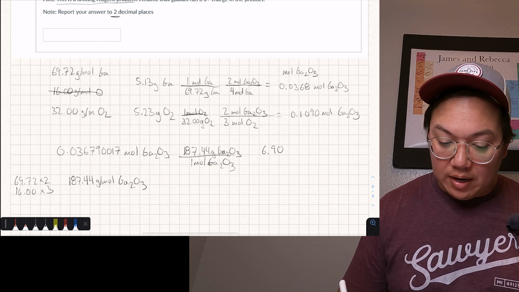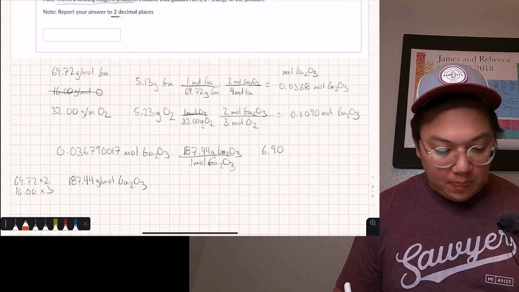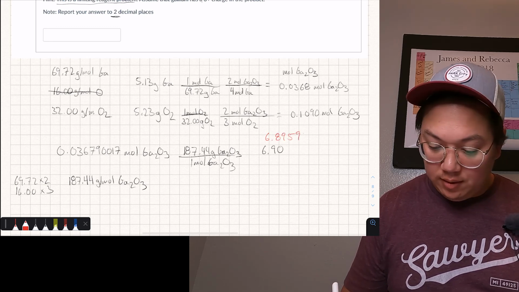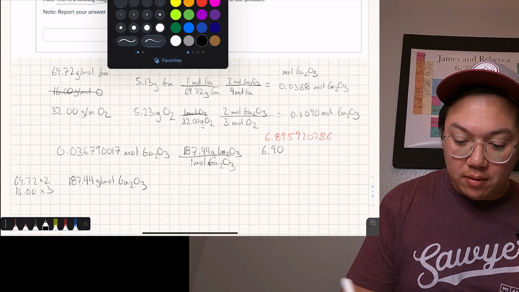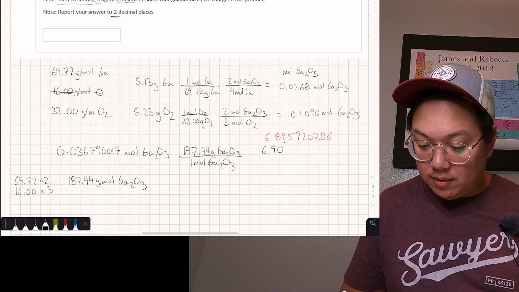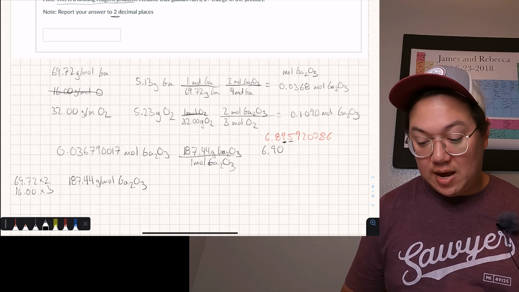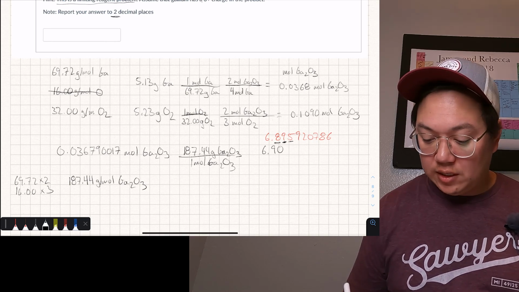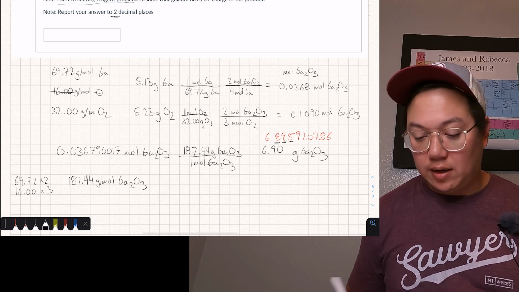So the number I got in my calculator, I'll write it in red here, is 6.895920786. Most of that doesn't really matter. So I rounded then, because this is a 5, we round up, so this becomes a 10, carry the 1, and this becomes a 9. So 6.90 grams of gallium oxide.